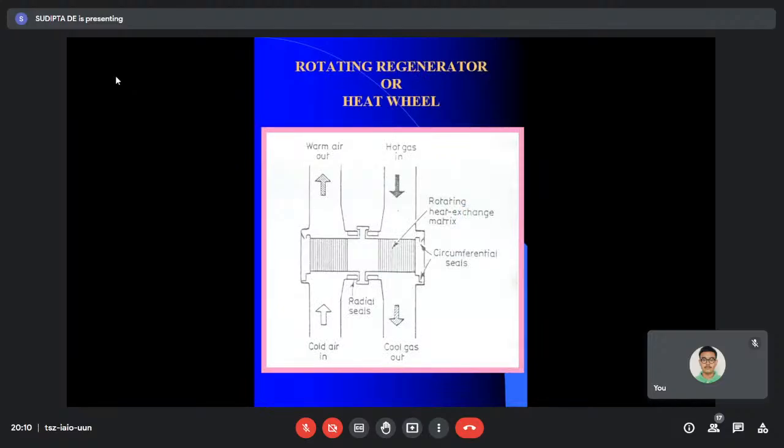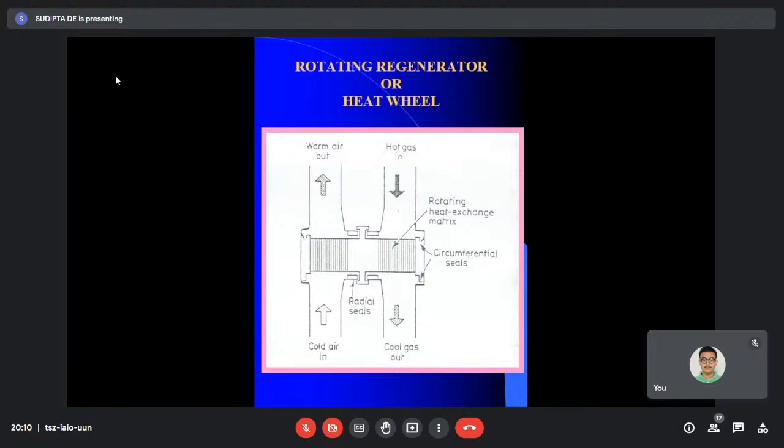The idea is, previously we discussed the recuperative heat exchange. Just try to understand the previous heat transfer process where two gases simultaneously flow and they are separated through a conducting material surface.